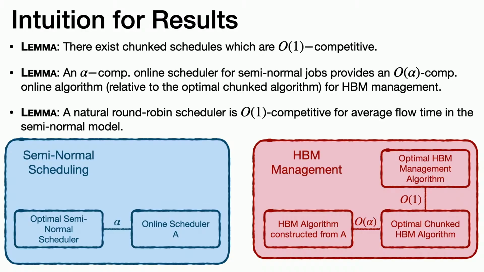I'm not showing you this, but as a consequence, there's a natural round-robin scheduler, for instance, for mean completion time. And in the semi-normal model, it's order 1 competitive, which automatically gives you an order 1 competitive algorithm for mean completion time for HBMs. Yes?